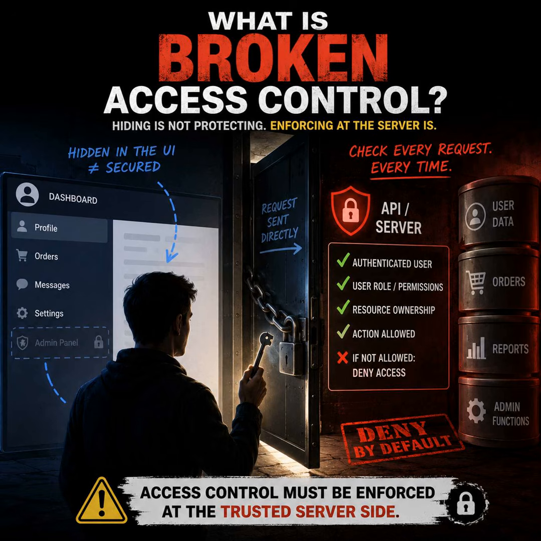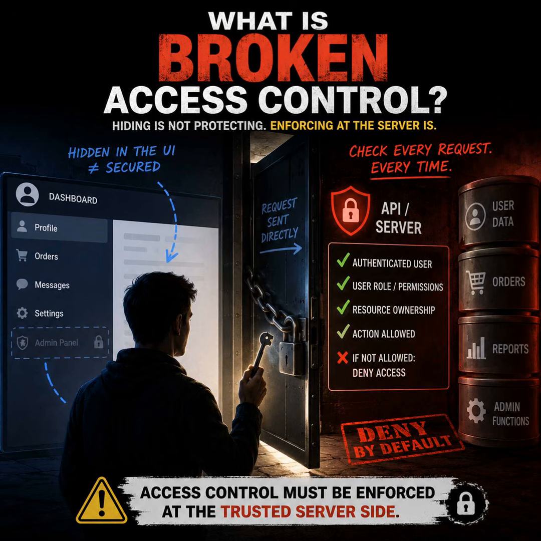Disabling a button may improve usability, and hiding an option may reduce confusion, but neither proves that the server will reject the same action. The server must examine the authenticated identity, the requested action, the target resource, and any relevant conditions before completing the request. That check must occur every time the protected function is used.